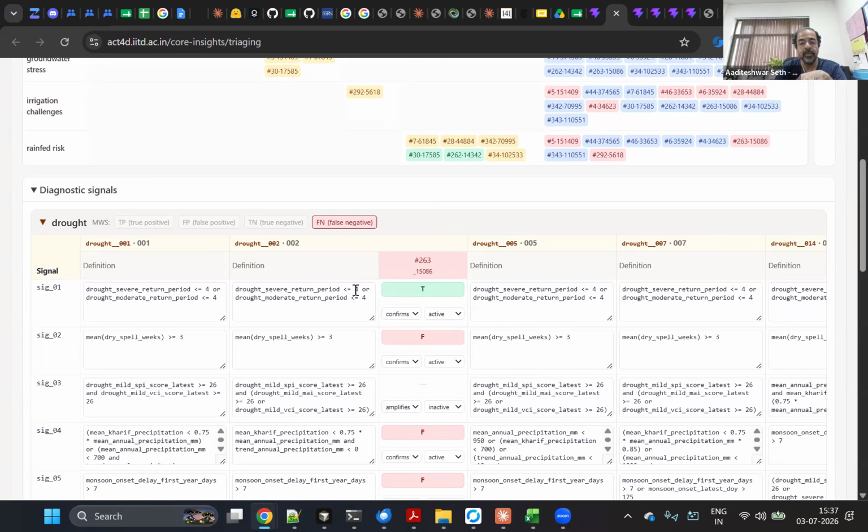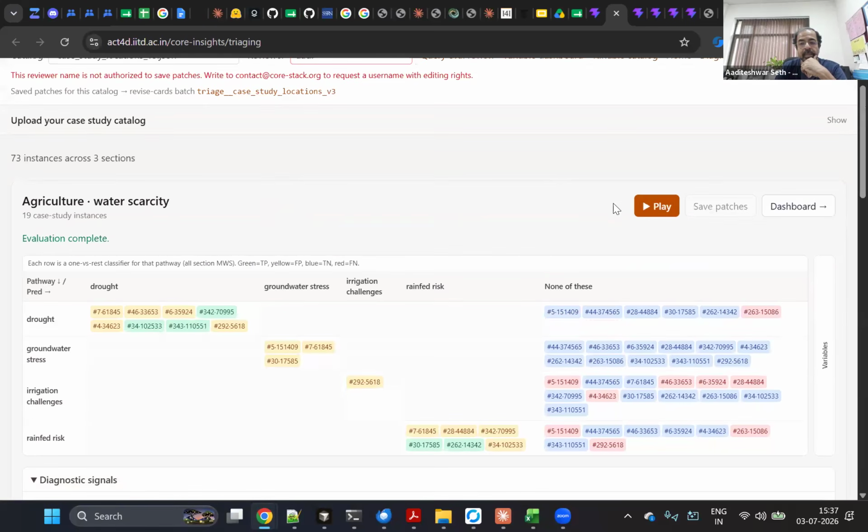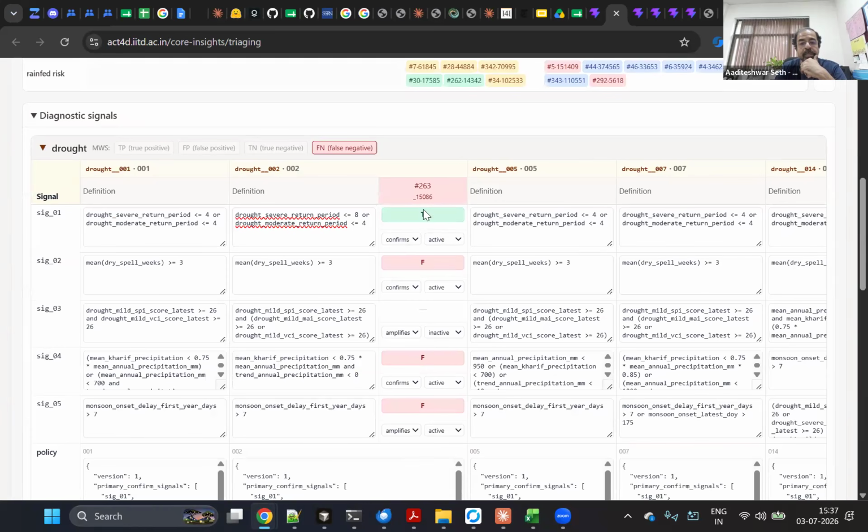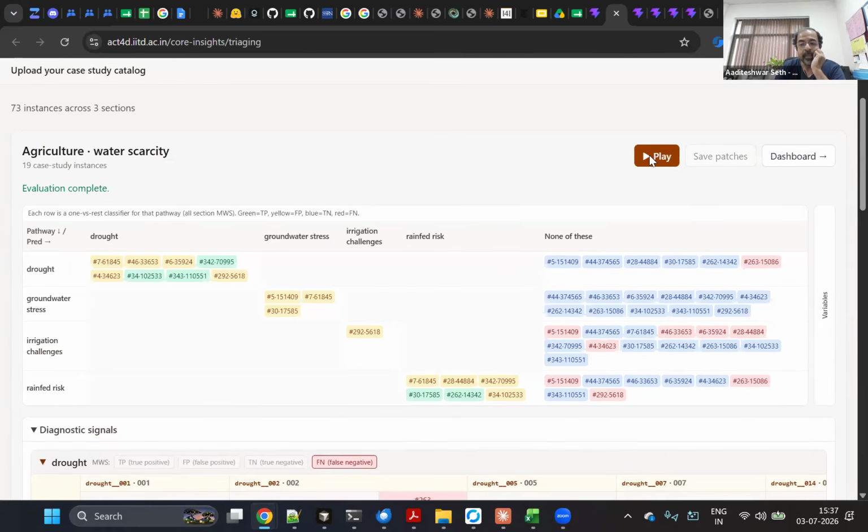So if you do this, you say I want to tweak my parameters. I want this to be less than 8, and then you run this again. It did not shift. This one turned true, but this one is also false. Okay, so this is dry spell is 1. So let's say you turn this to 1, and then you play again.